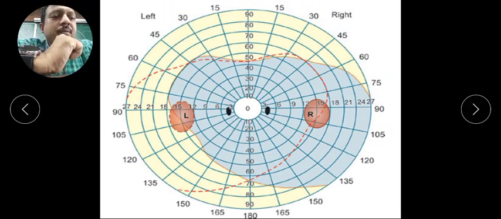The maximum field of vision is on the temporal side, which is about 90 degrees, and the minimum field of vision is at the nasal side and superior side. This one is for the right eye. You have to record the visual field for the right eye first, then the left eye, and join the first appearance of the test object in the perimetric chart. Join that line for each and every meridian.